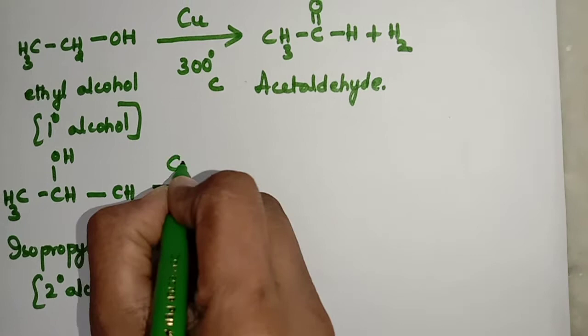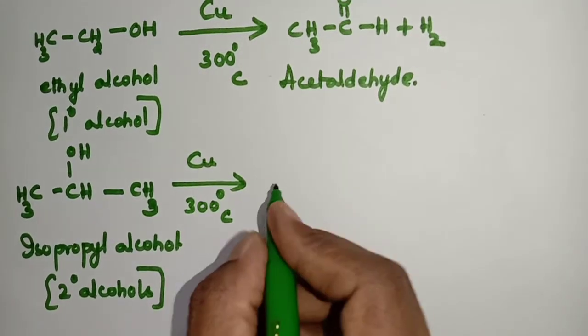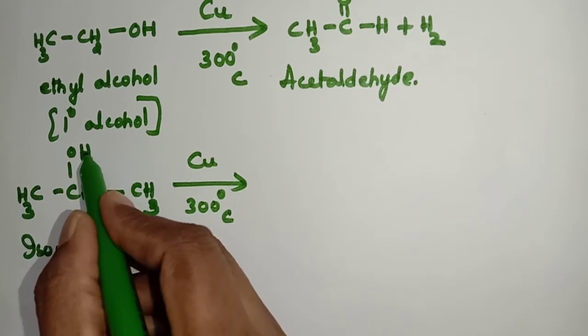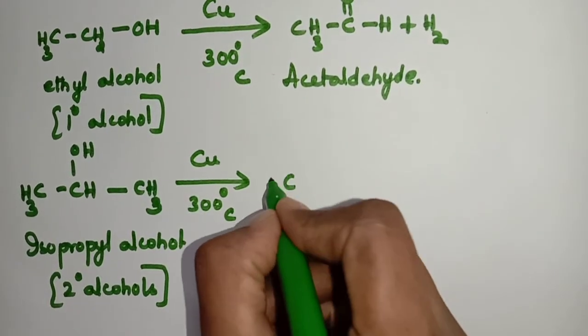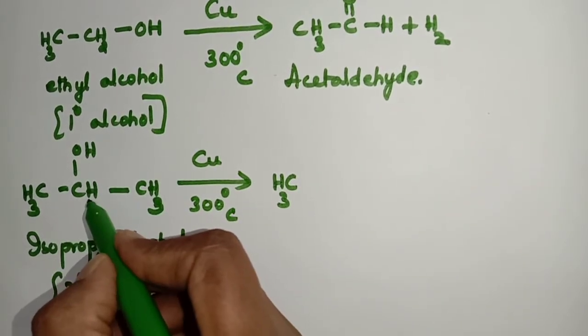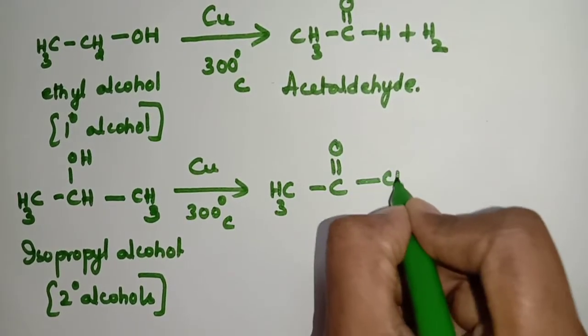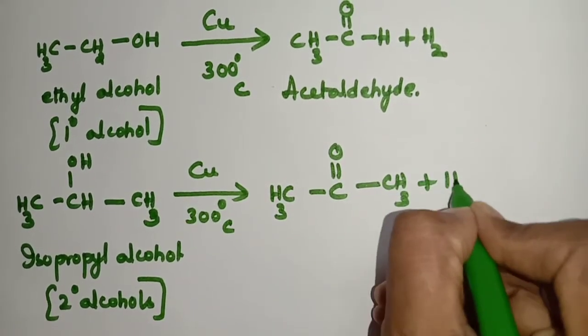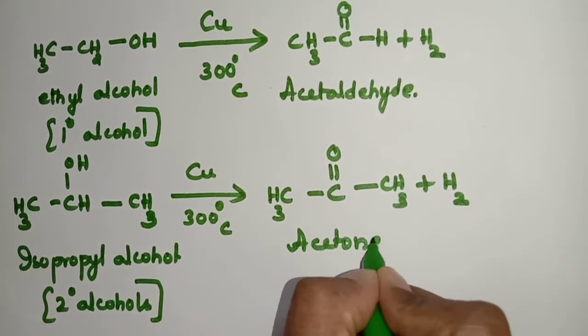So this on treatment with copper, same heating up to 300 degrees centigrade, one hydrogen from here and one hydrogen from here come out as H2 gas. And it is called acetone.